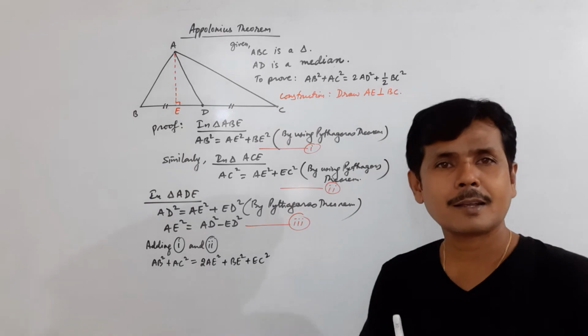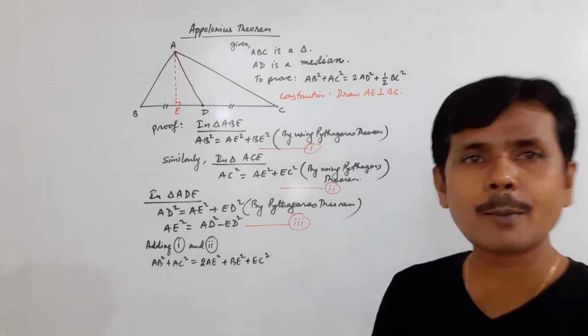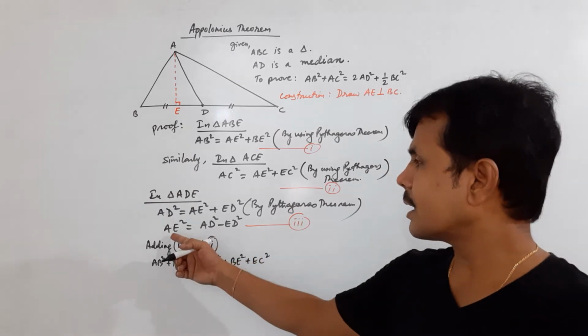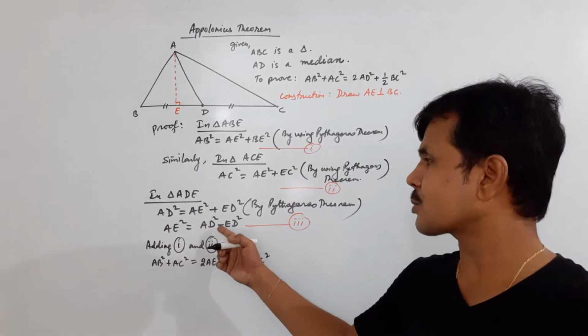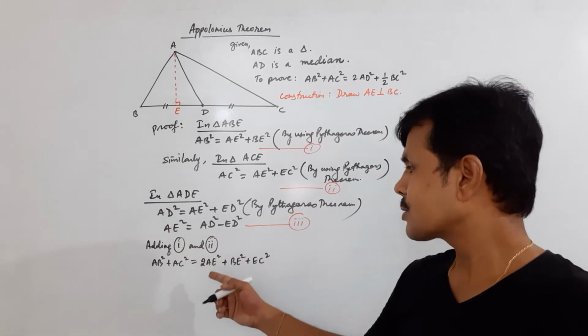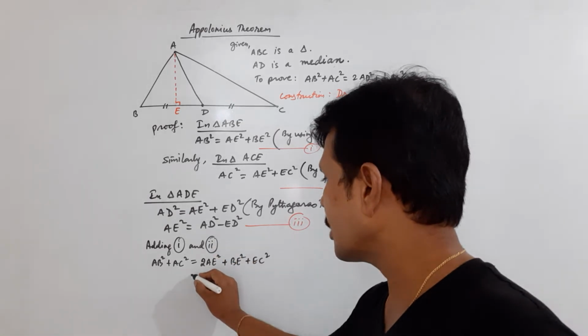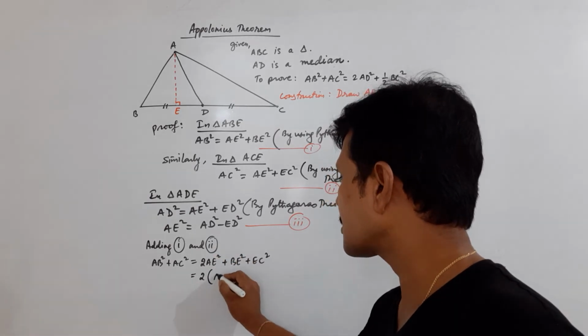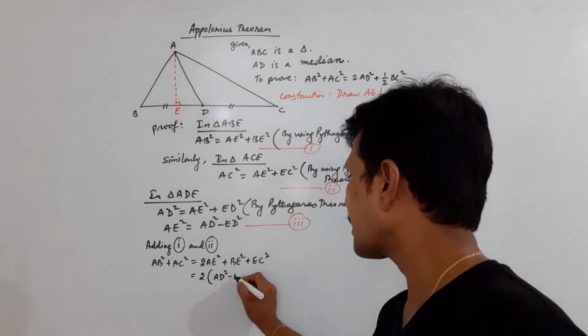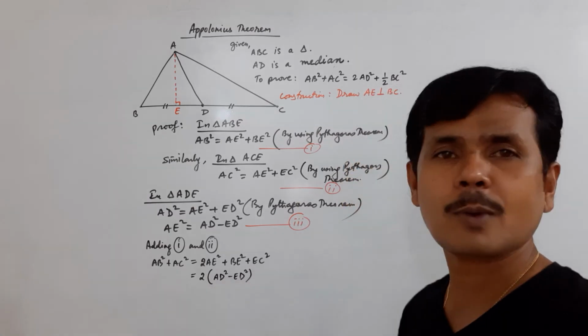Now you can look over here, AE square is equal to AD square minus ED square. So in place of AE square I am going to substitute it. So I am writing over here 2 times AD square minus ED square.